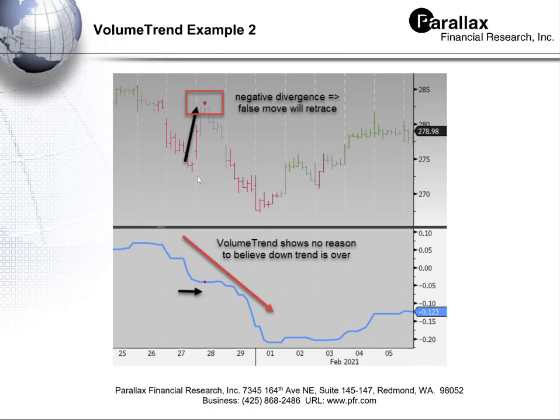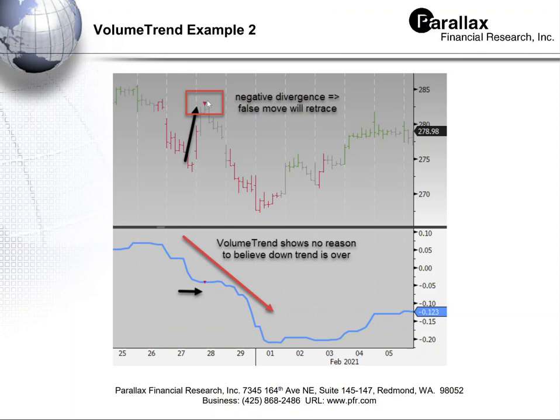Here's another example with a divergence in it. Here's a rally on declining volume. Here's the volume trend line, and this little triangle shows where there's enough divergence to signal. And here the line's flat. There's no increasing volume in this up move.